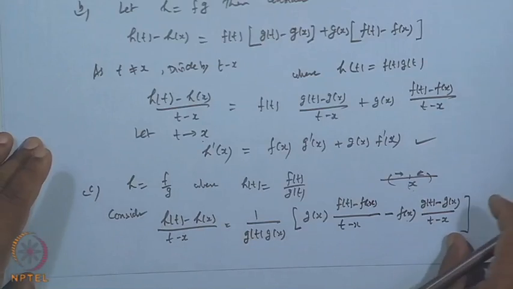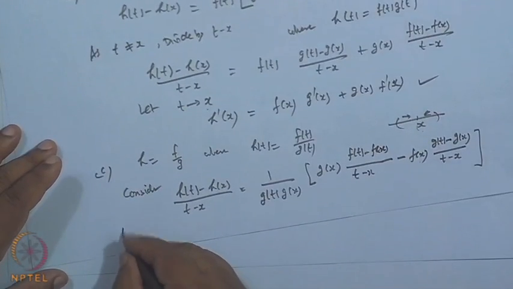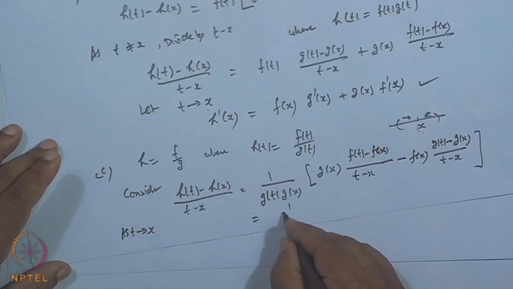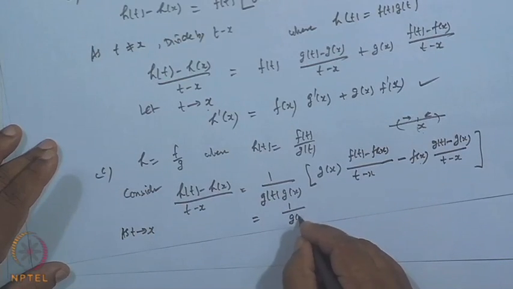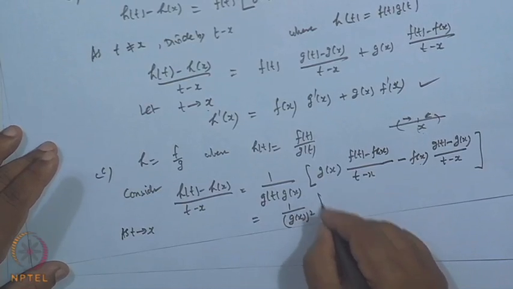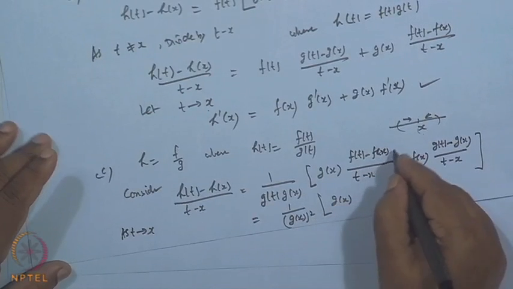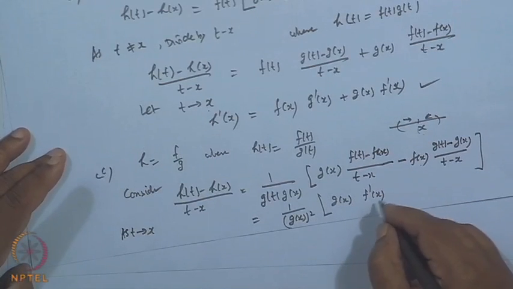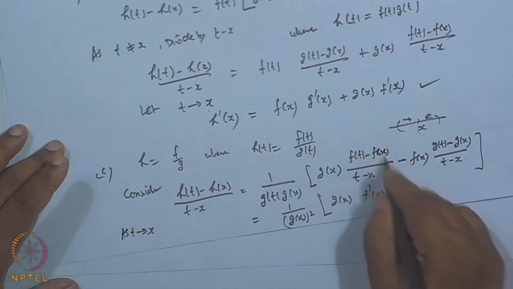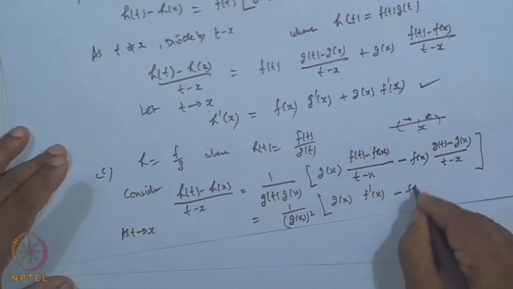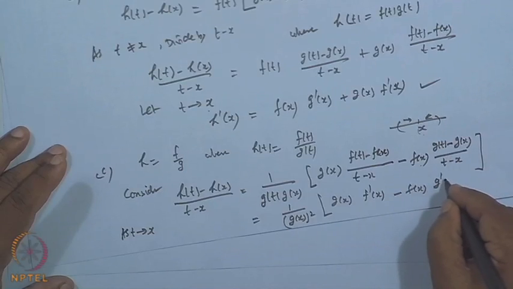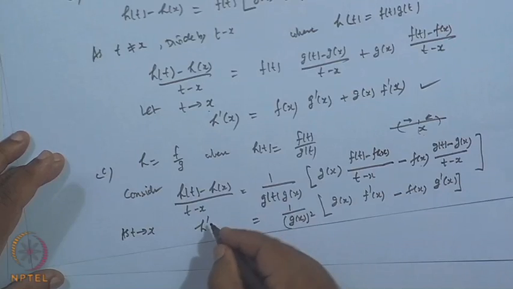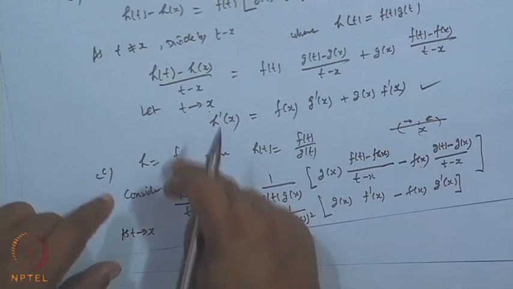So, as t tends to x, this one will give g(x) square, and this one will give g(x) times the derivative of f at the point x, because the limit of this ratio gives the derivative, minus f(x) into the derivative of g at the point x, and this will give the derivative of the function h, that is, the derivative of f by g.